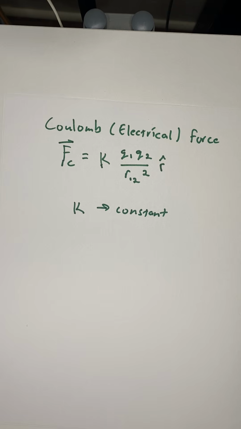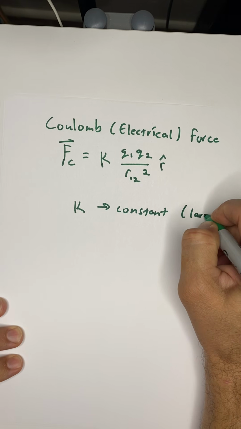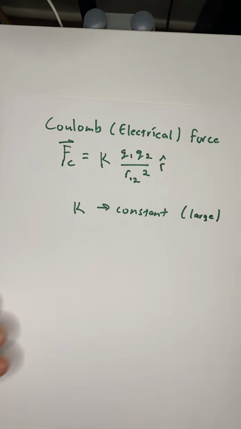Usually part of that is determining some sort of proportionality constant. This is what K is. For now, just hang on to that it's a constant, and it is a reasonably large constant. It's on the order of 10 to the 9th.